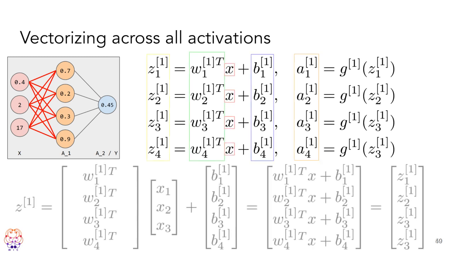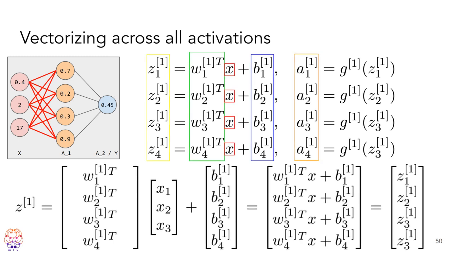So instead, we take everything and vectorize it. As you can see, this is in our final vector here, and that's also equivalent to this, which we'll simplify down to.